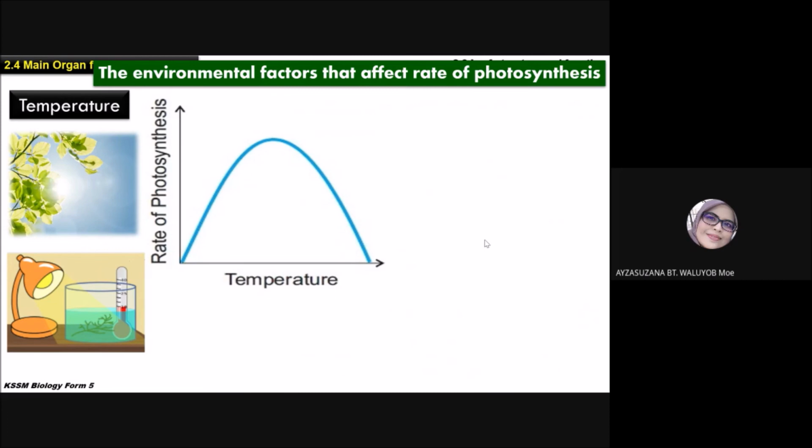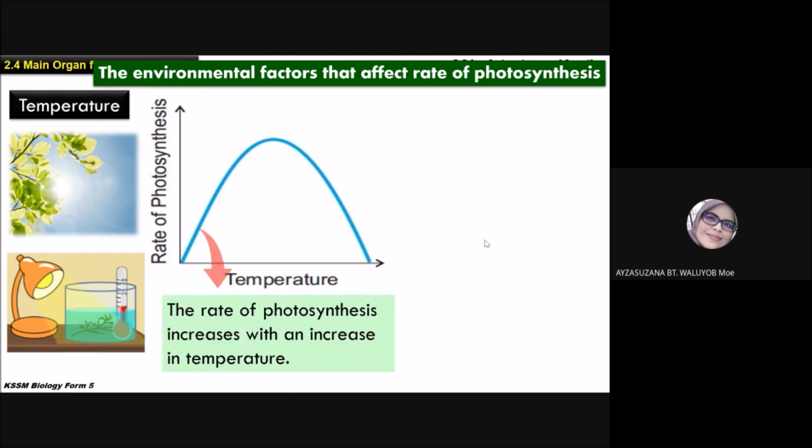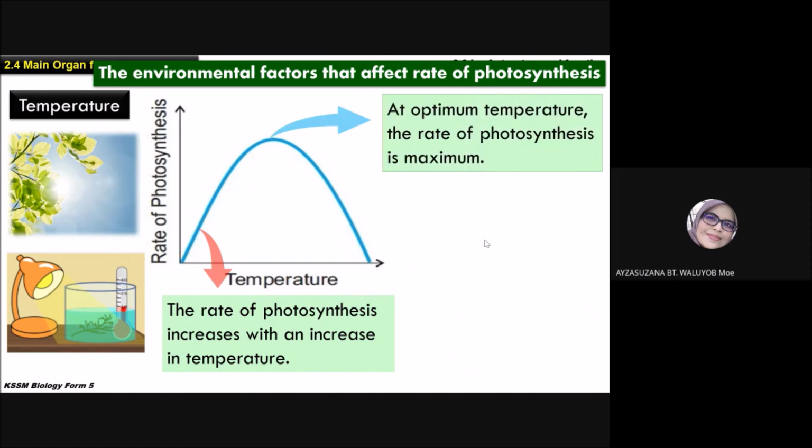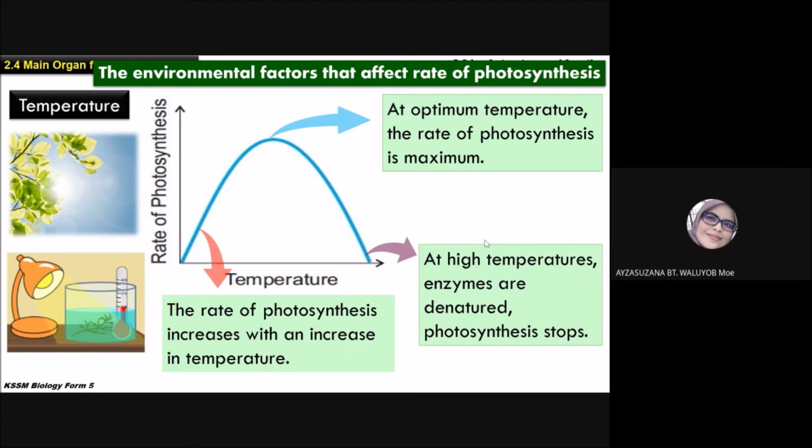Temperature. The rate of photosynthesis increases with an increase in temperature. At optimum temperature, the rate of photosynthesis is maximum. At high temperatures, enzymes are denatured. So, photosynthesis stops. So, remember, stroma contains enzyme.